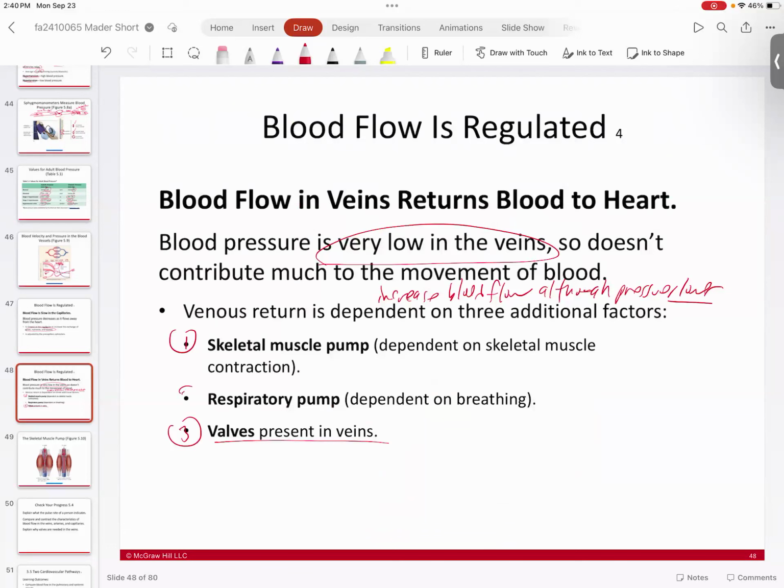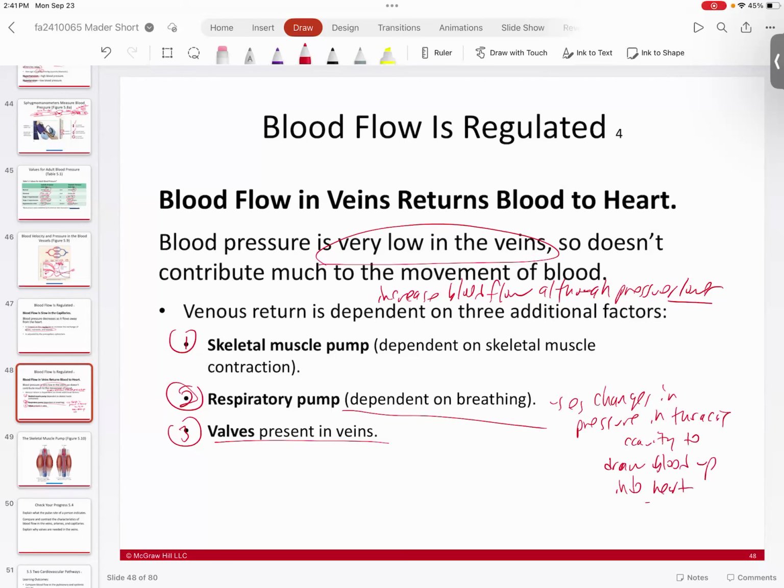The big one, however, is the respiratory pump. The respiratory pump basically utilizes the changes in pressure in your thoracic cavity to draw blood up into the heart.